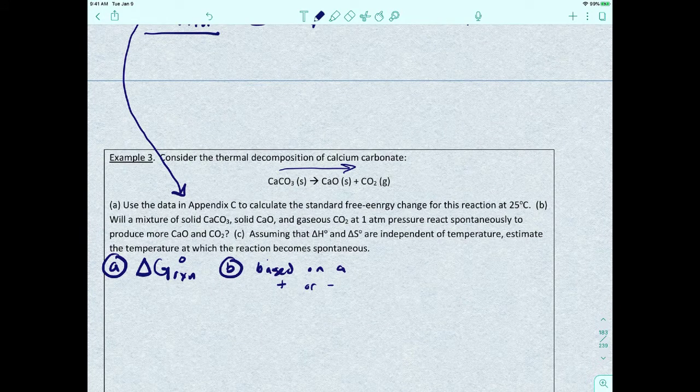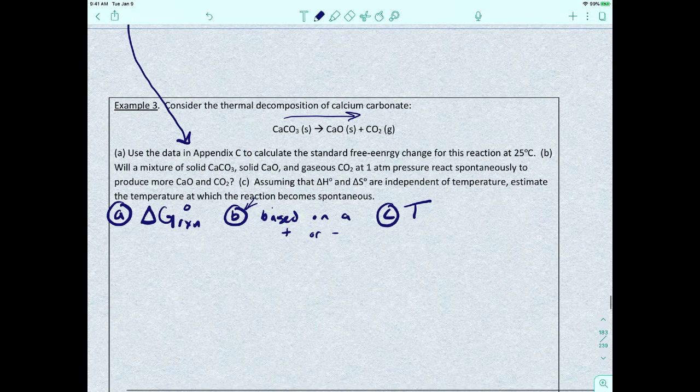Which way is the reaction going? Is it spontaneous or is it non-spontaneous? And then Part C, at what temperature, so we're solving for temperature, at what temperature does this become spontaneous? So it's actually kind of giving us a heads up that Part B, because of the way Part C is worded, most likely is telling us that this is going to be non-spontaneous. But we need to verify this.